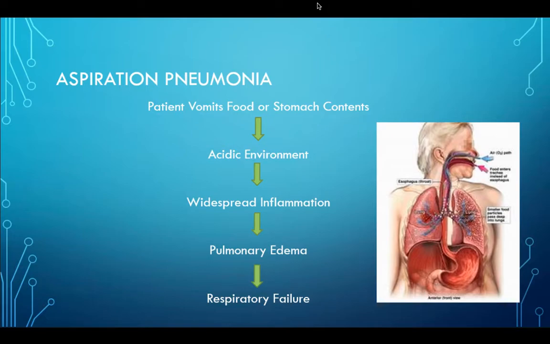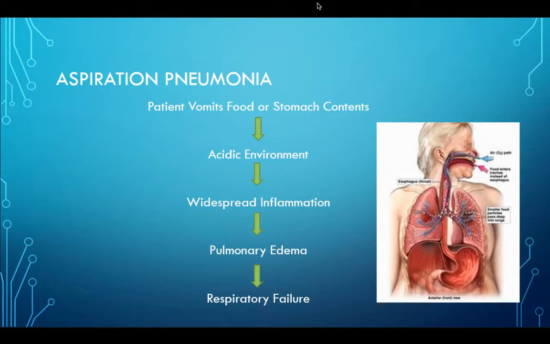And the last type of pneumonia we're going to talk about is aspiration. Who's at risk? Greatest risk factors include anything that decreases your cough or gag reflex. It generally occurs from food or stomach contents. If it is vomitus or stomach contents, then the acidic substances can cause widespread inflammation, which might lead to acute respiratory failure and permanent lung damage.